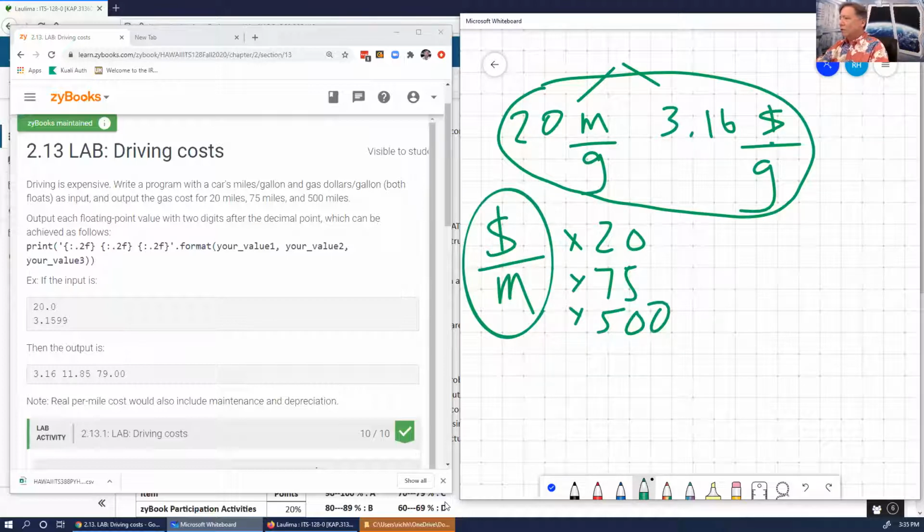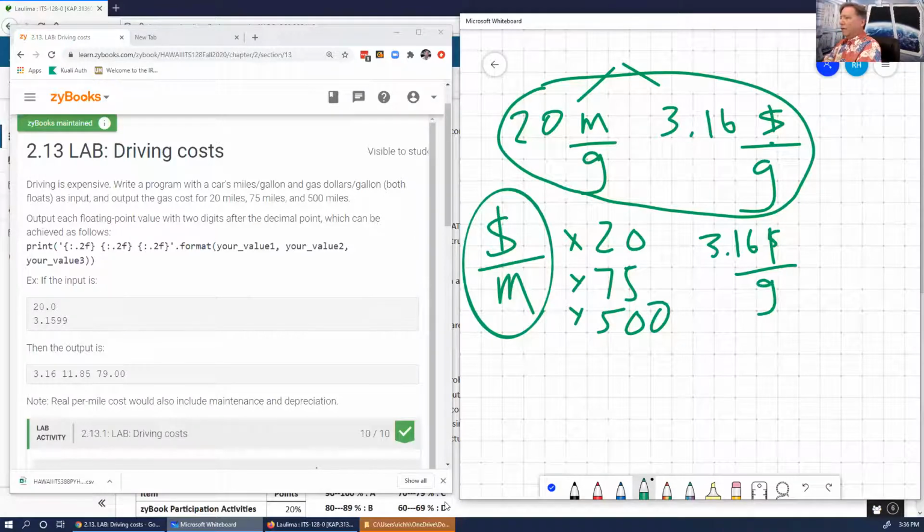So let's start with this 3.16. So I've got 3.16 dollars per gallon.